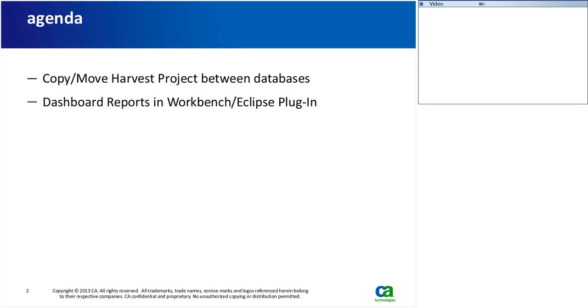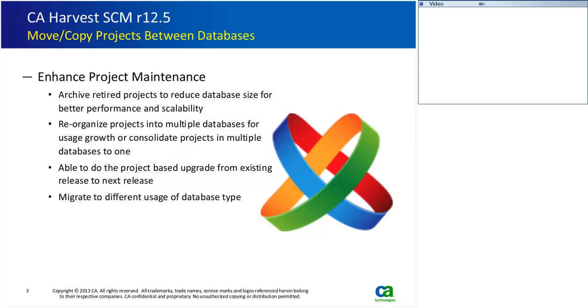One is copy move project between databases. The other one is a new dashboard report available in the Workbench and Eclipse plugin. All right. So for the move copy project, as Rose mentioned, this has been asked for quite a long time, and the use cases we try to deliver, where you can get a benefit, are in a number of areas.